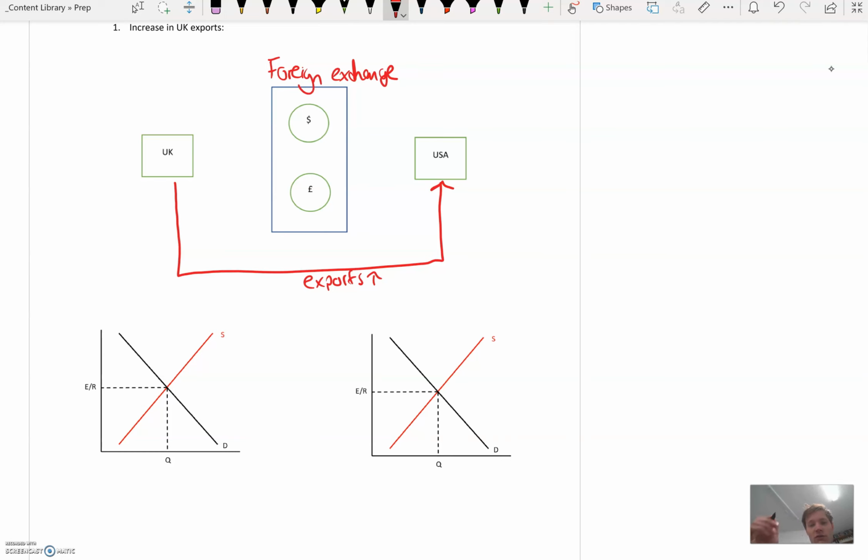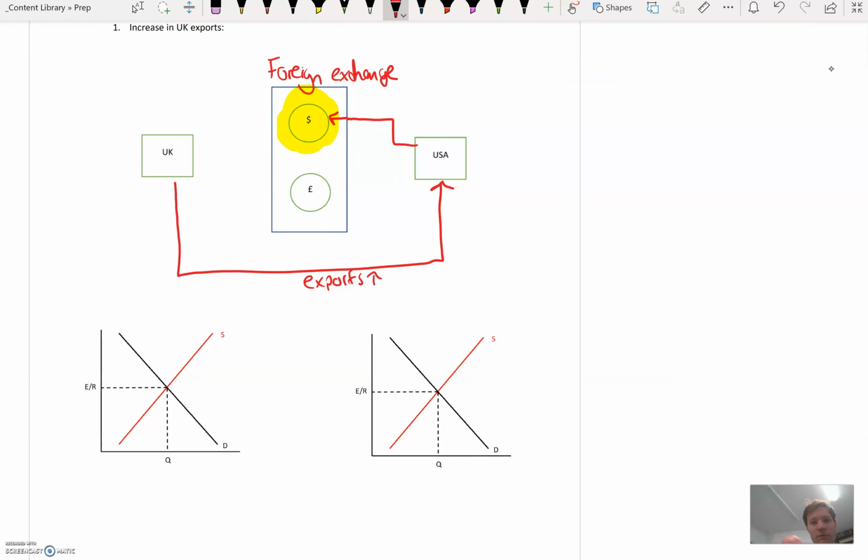US consumers have dollars. So there will be a flow of dollars out of the US into foreign exchange markets. That means that this pool of dollars in foreign exchange markets is going to get bigger. There's an inflow into that pool.